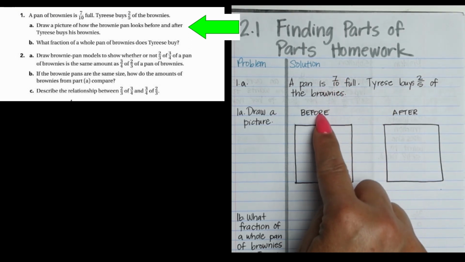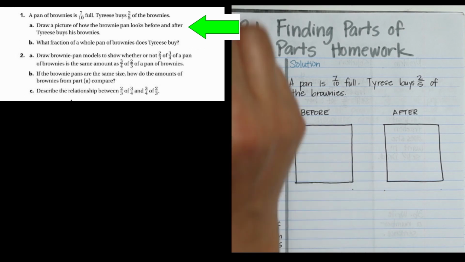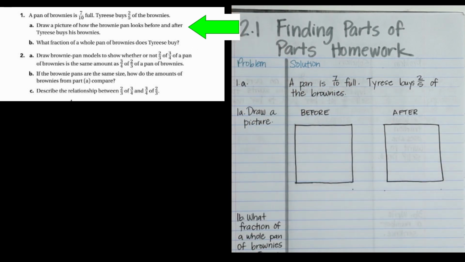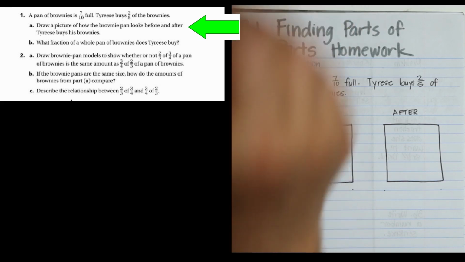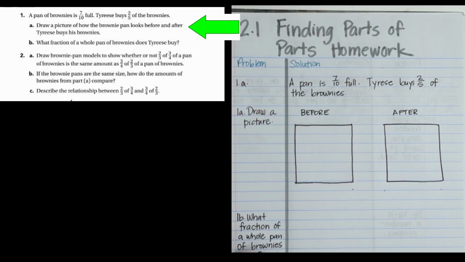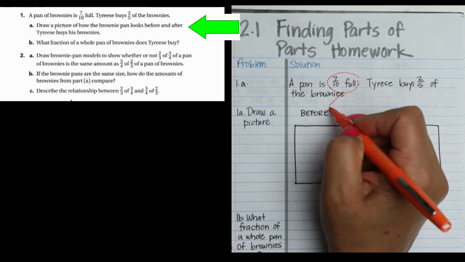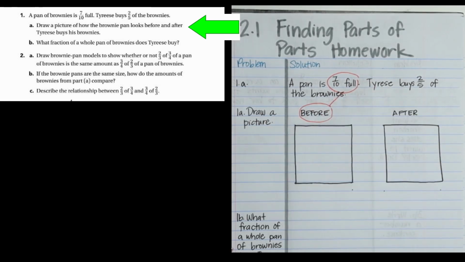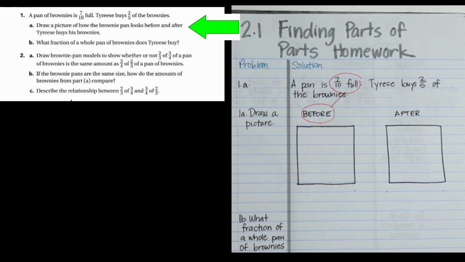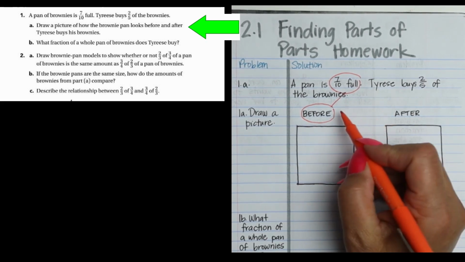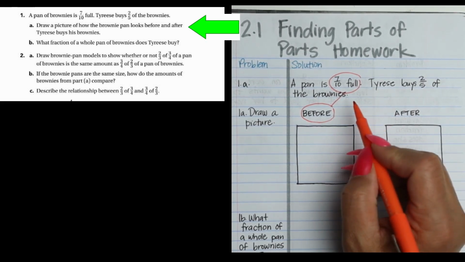This one is 7/10 full. I'm not going to do the problem because I want you to do it. I'm going to just annotate where you can get the information. This one needs to be 7/10 full. This is before. And then after is a combination of the before and after.